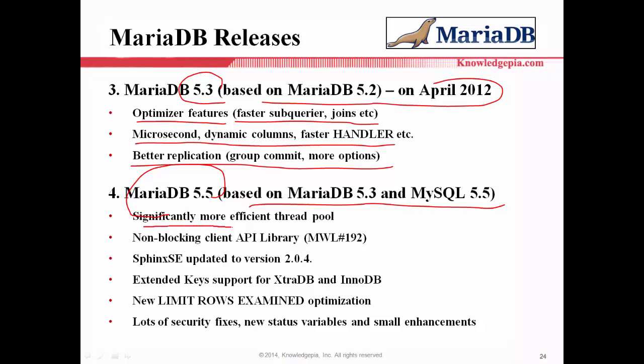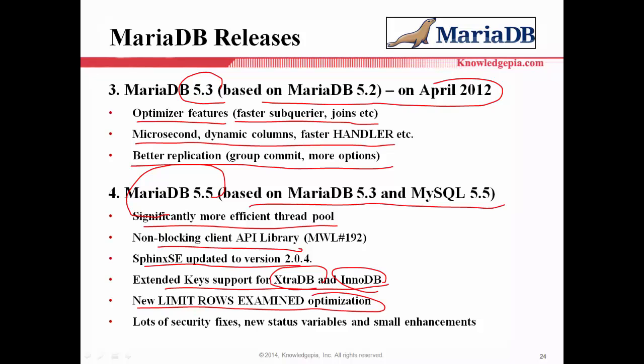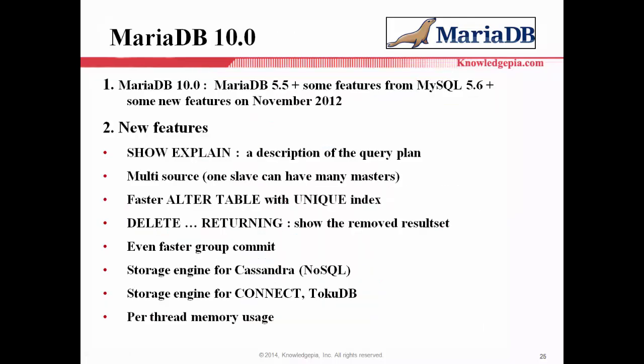Here, an efficient thread pool for non-blocking clients, and XtraDB updated to a newer version. And extended key support for XtraDB, which is the main storage engine, and InnoDB is like MySQL. New limited rows examined optimization is also supported, along with lots of security fixes, new status variables, and small enhancements. But for this course, I will use MariaDB 10 point.